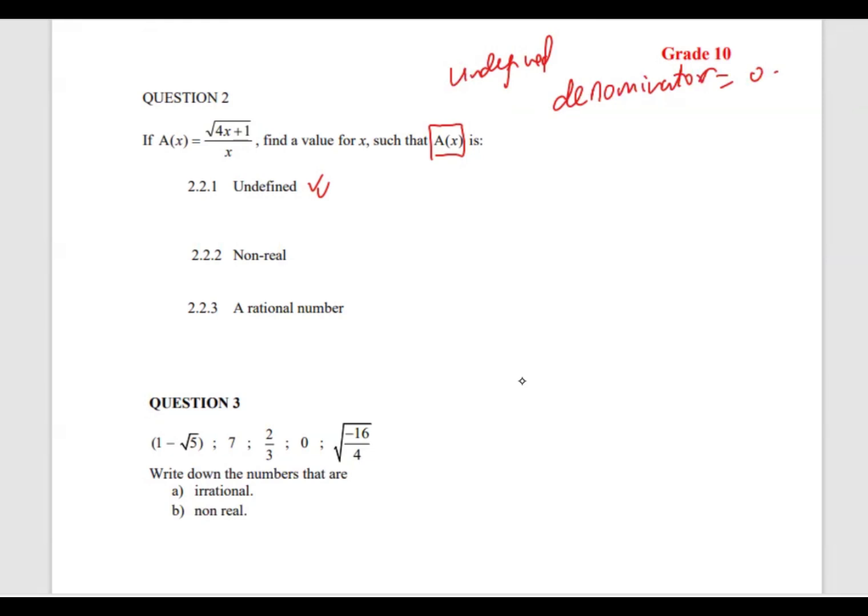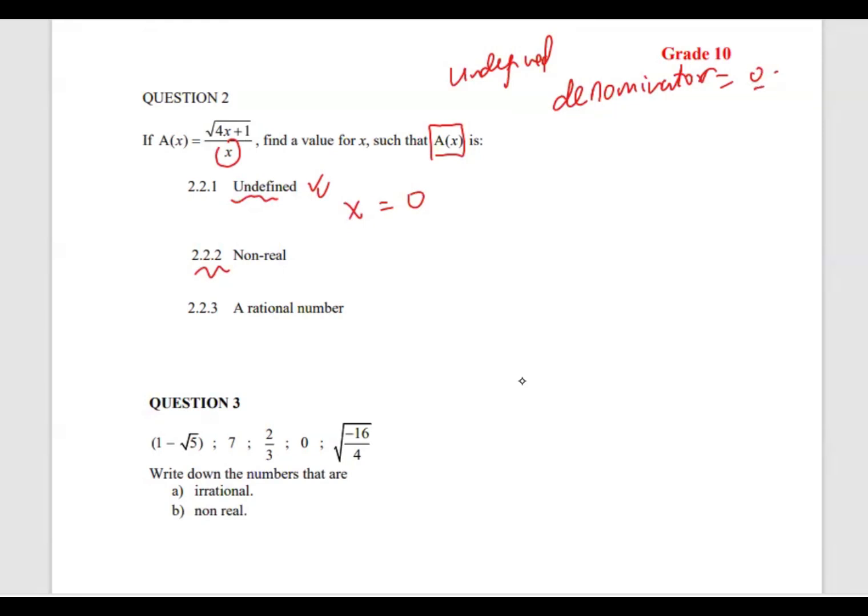The only denominator we have is just x. So which means x must be 0. Then 2.2.2. Our focus will be just the denominator. We don't care about what is inside the root sign. For as long as it is undefined, the denominator must be 0.